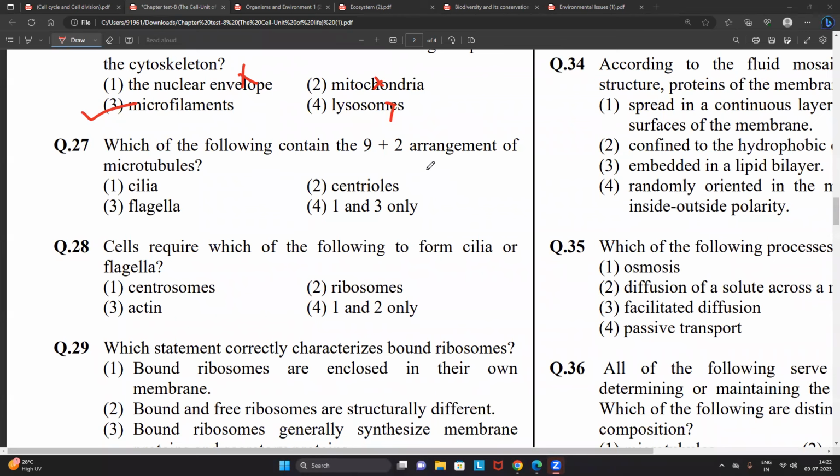See friends, suppose this is the flagella. If you take the cross section of the flagella, every student answer my question. What is the name of the cross section of the flagella?